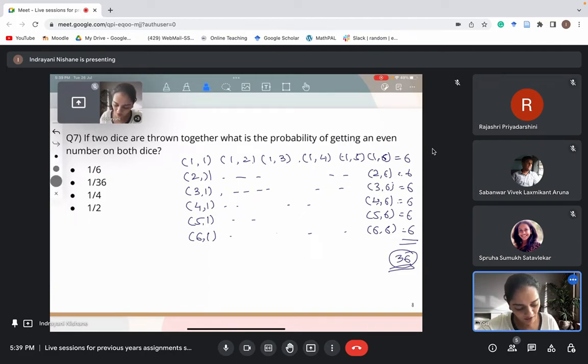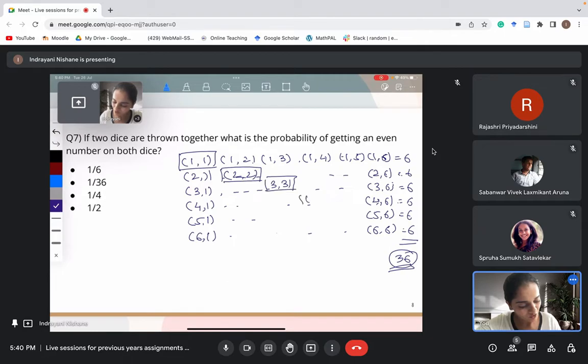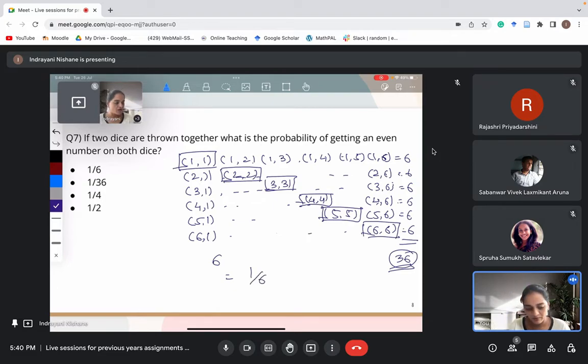Like here 1, 1 is the same number. Similarly 2, 2 would be the same number on both the dice. Here 3, 3, 4, 4, 5, 5 and 6, 6. So let's count 1, 2, 3, 4, 5 and 6. So 6.